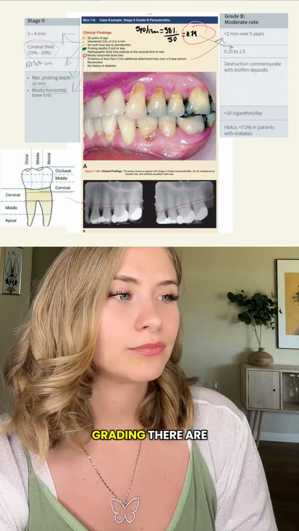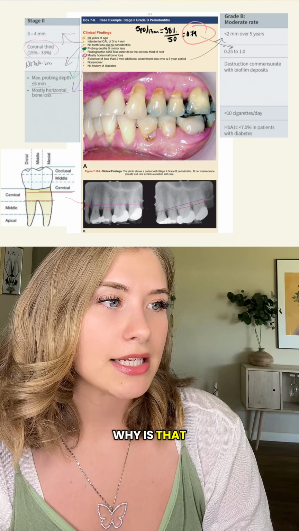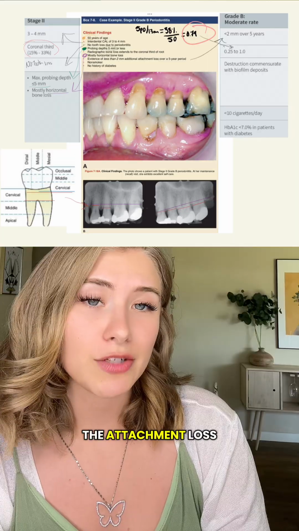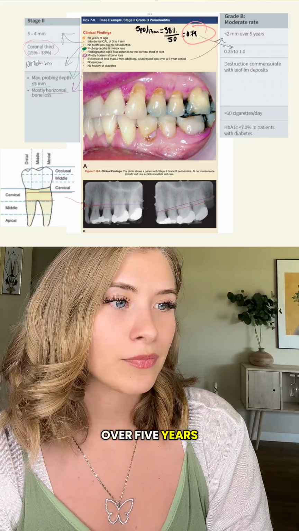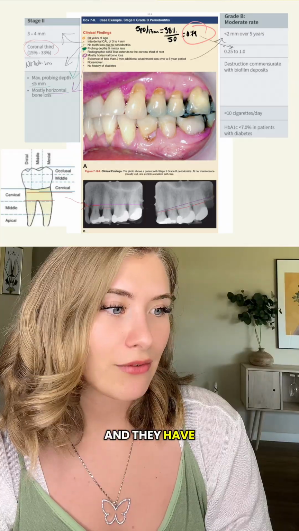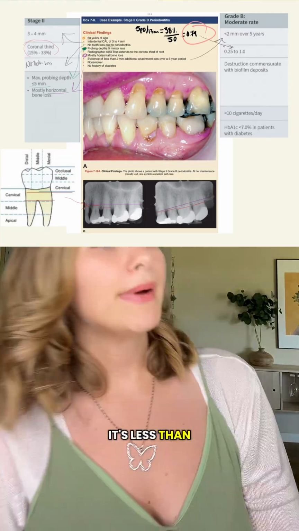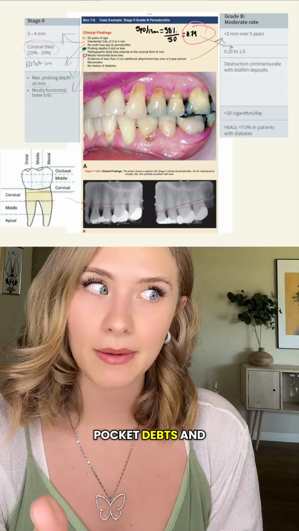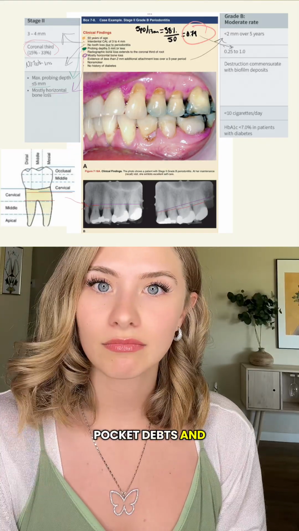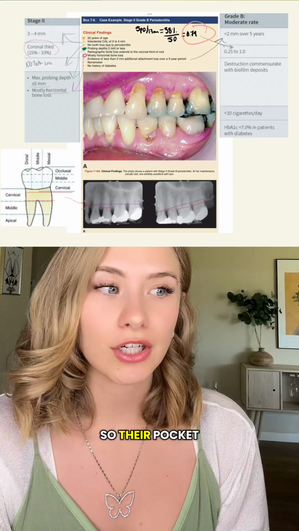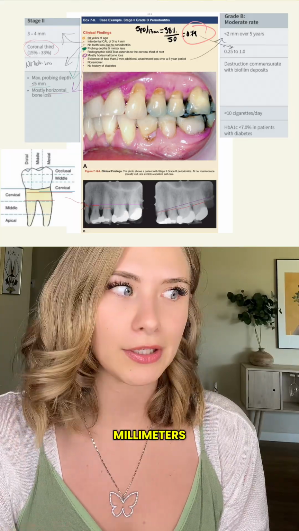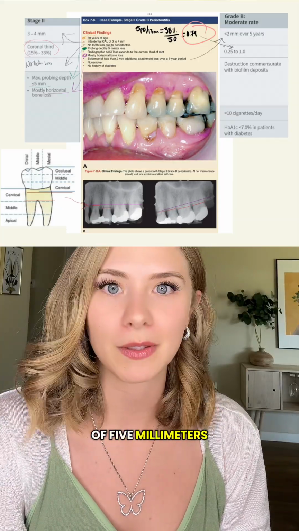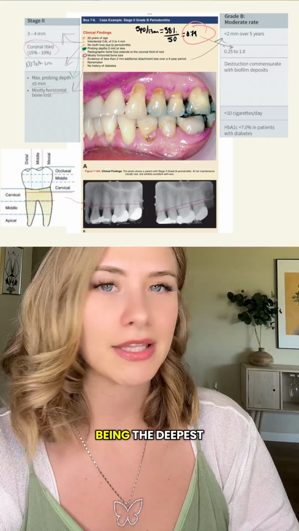For grading, they're grade B. Why is that? It says there is less than 2 millimeters of attachment loss over 5 years. They're a non-smoker and they have no history of diabetes. It's less than that. But because of their age, their pocket depths, and the bone loss percentage: their pocket depths are 5 millimeters. We're just going to say 5 millimeters, because it says probing depths of 5 millimeters or less, so we're going to go with 5, being the deepest.